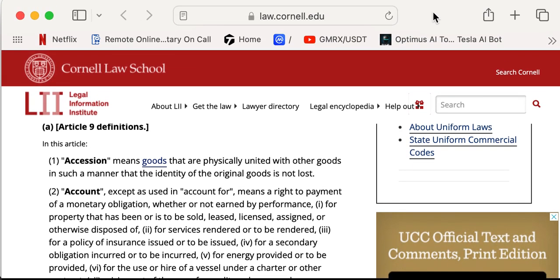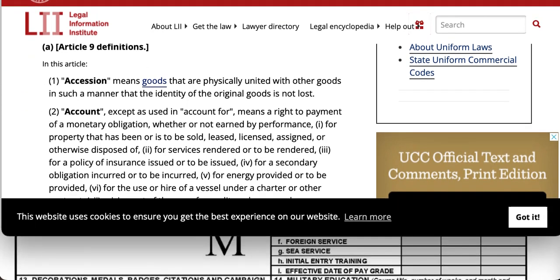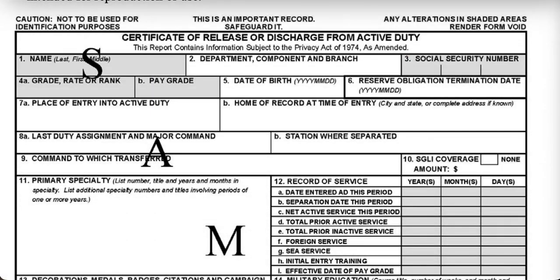So there's a releasor and a releasee, just like in other transactions, there's a payor, a payee, a bailor, a bailee. So if we're looking at this transaction of a release with the releasor and a releasee, and in this transaction, we see in box 10, a right to payment of a monetary obligation, who is the recipient of the payment?